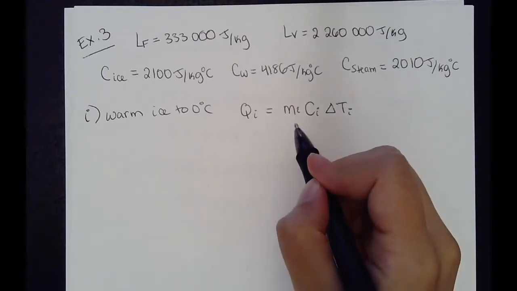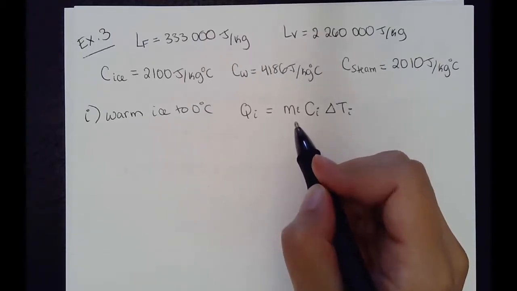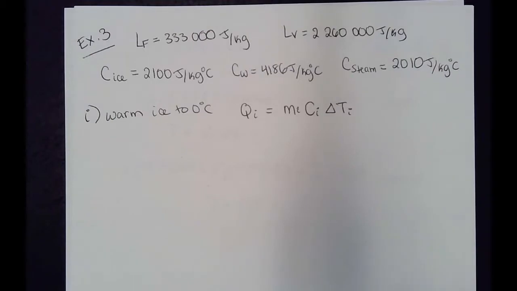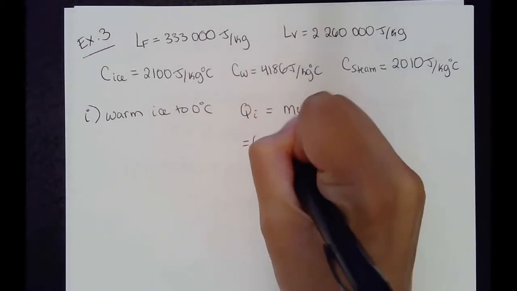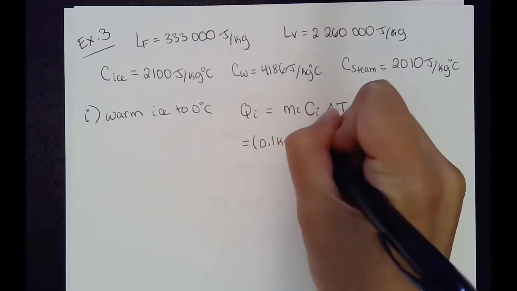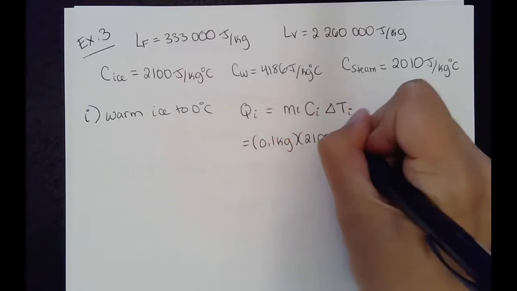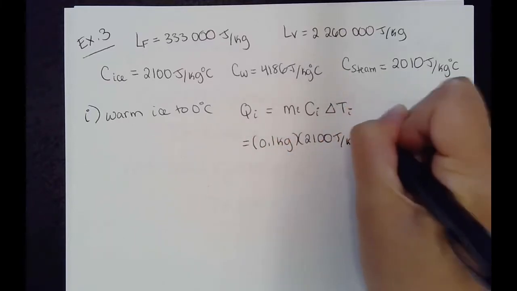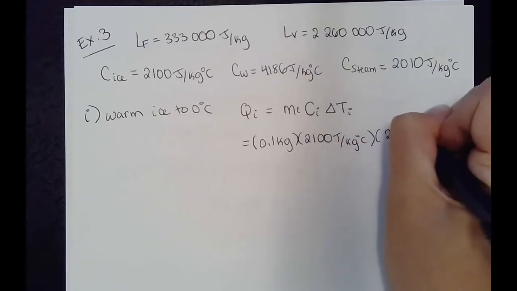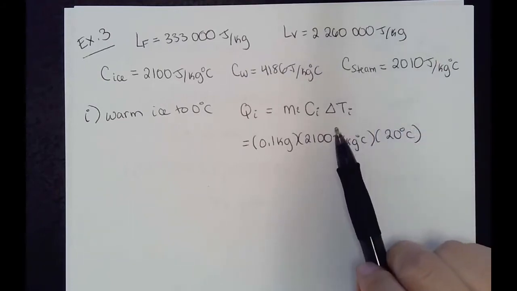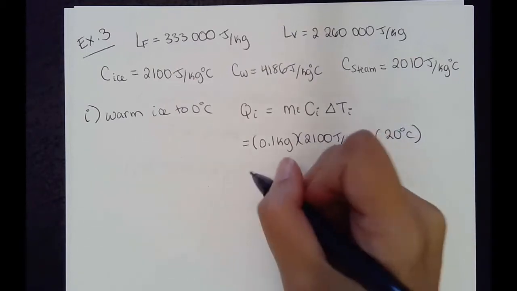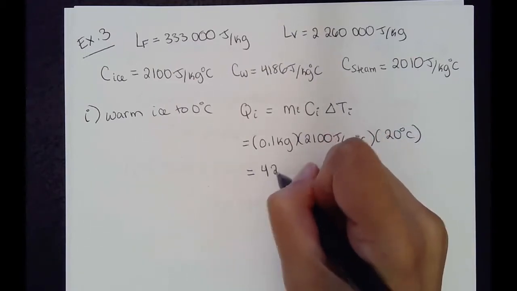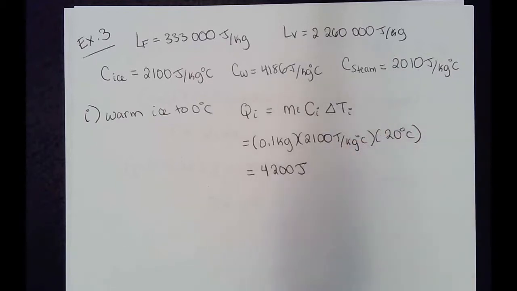All of the masses will be the same, in fact, because it's the same substance, so we can just leave that as M. So this is going to be 0.1 kilograms times 2100 joules per kilogram degrees Celsius, and then times 20 degrees, since the change in temperature in this step is 20 degrees, it's 0 minus negative 20. And this gives 4,200 joules.